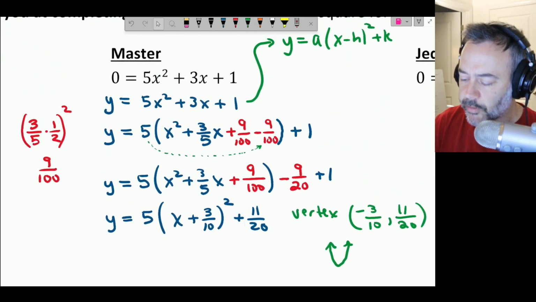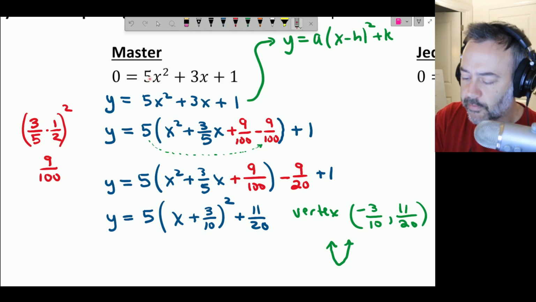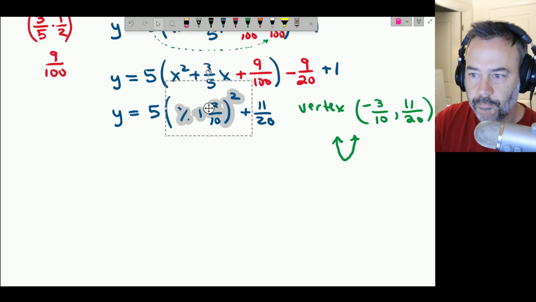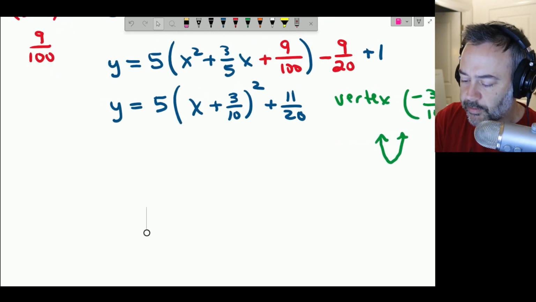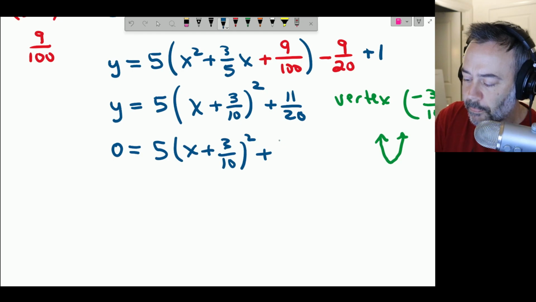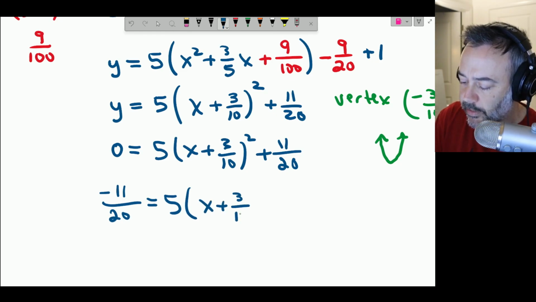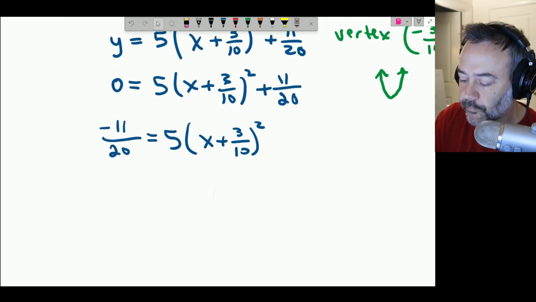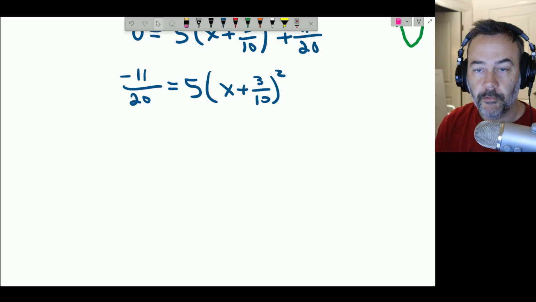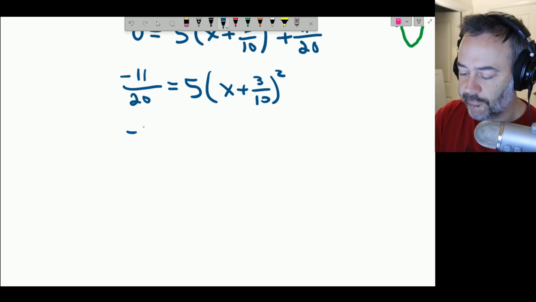Okay, now remember our original question was to solve for this equal to 0. Let's do that. So we will just substitute y equals 0. And we're going to find the zeros of this quadratic function. And it's just a matter of doing the basic algebra. And I can already see that I have a negative number on the left. And I can already see that I'm going to get non-real zeros here. Divide both sides by 5.